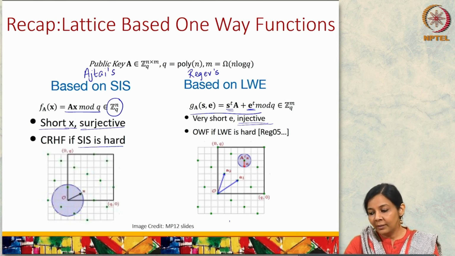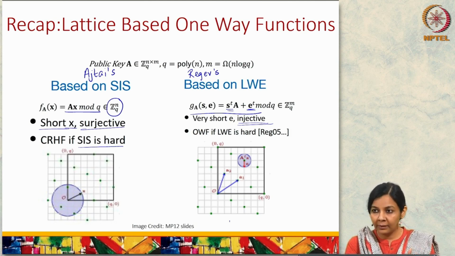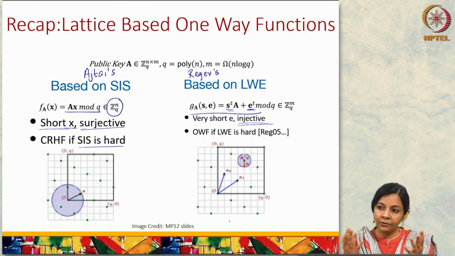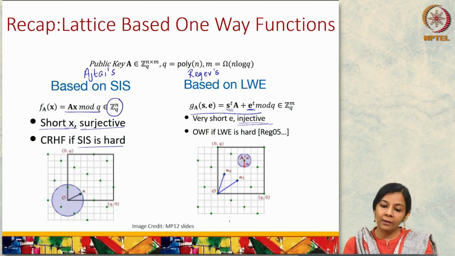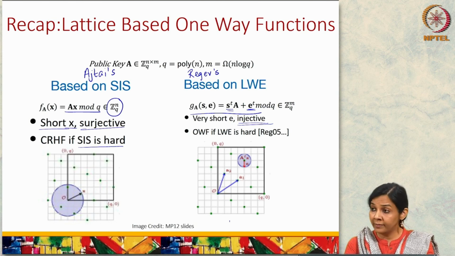It turns out that these two problems, SIS and LWE, not only do they give us these one way functions, and CRHF in the case of SIS, they give us all kinds of really cool cryptographic primitives. The first one gives us digital signatures. The second one gives us public key encryption, and in fact both of them give homomorphic versions of their respective primitives.